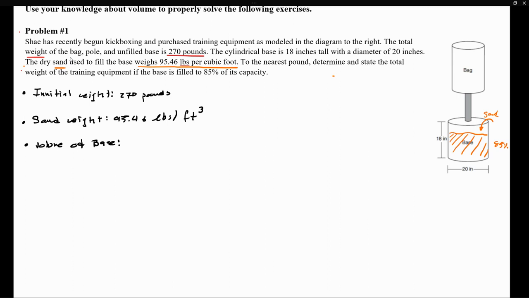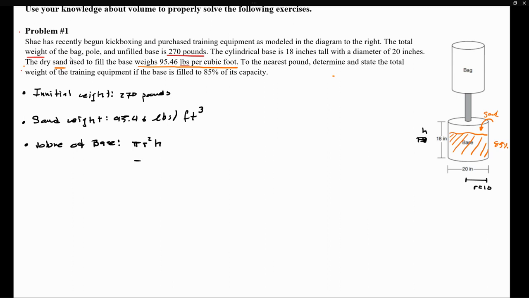Again, the base is a cylinder, so the volume can be stated as pi r squared times h. This is something that we discussed before. But notice that in this cylinder, we know that its diameter is 20 inches, so therefore its radius is just 10, and the height of the cylinder is 18. So let's plug that in.